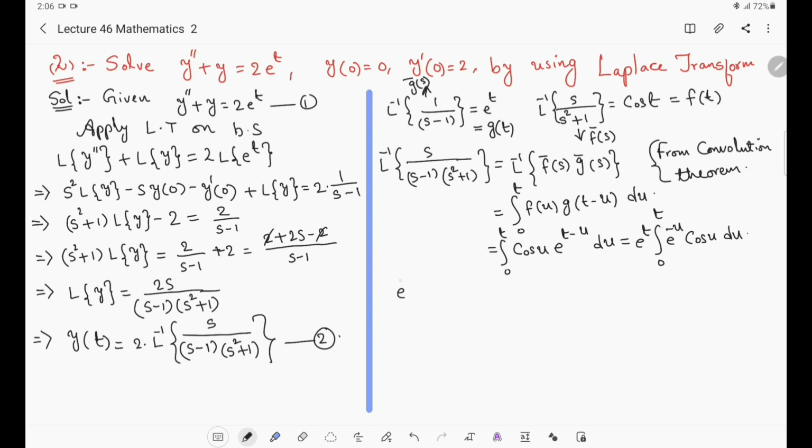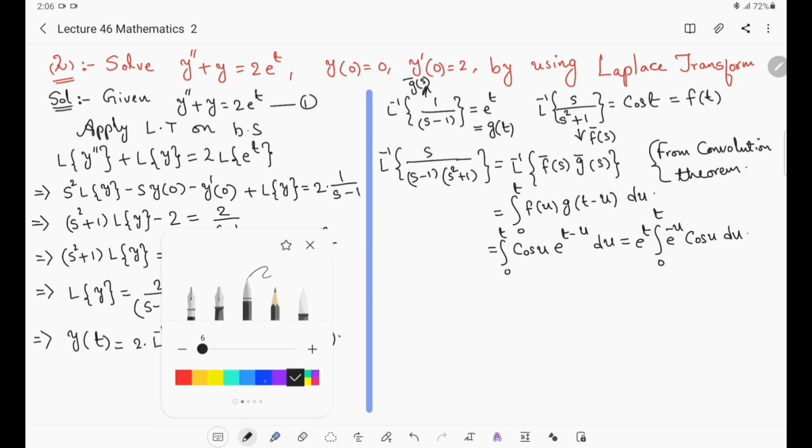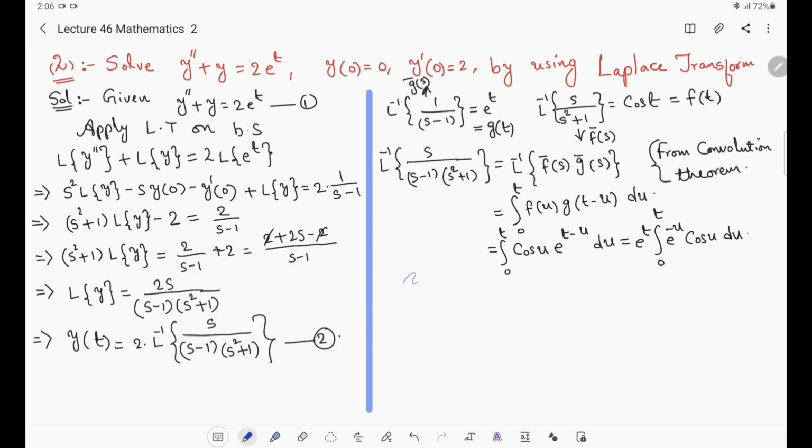We have a formula for integral e power ax cos bx. What is the formula? I will write in some other color, blue color I will use.